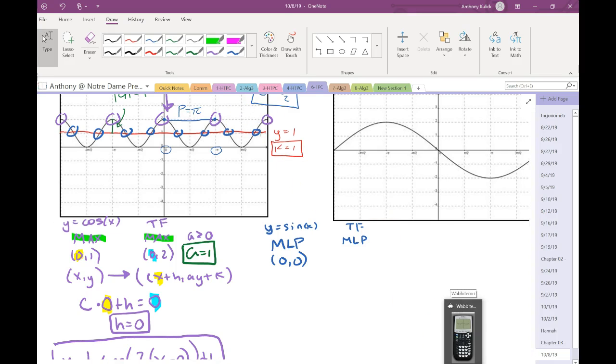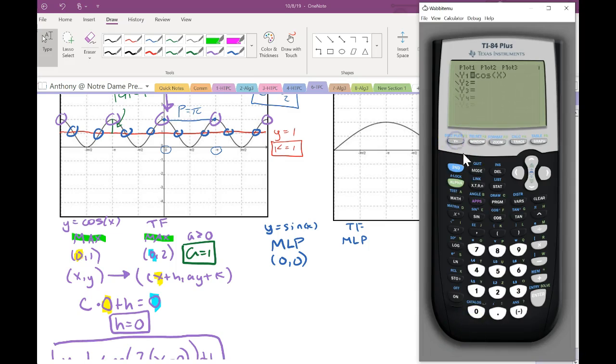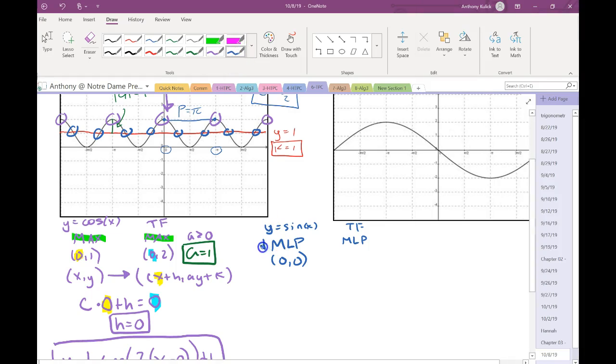When I go back and I look at the parent function for sine, I notice surrounding this midline point of 0, 0, this part of my graph prior to that point is below the midline, and the part of the graph immediately following that midline point is above the midline. So I'm going to note that here with a down arrow saying the graph is below the midline, and then an up arrow after saying then the graph is above the midline.